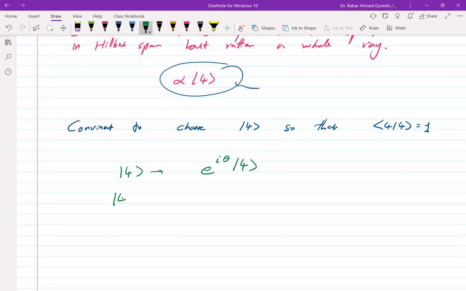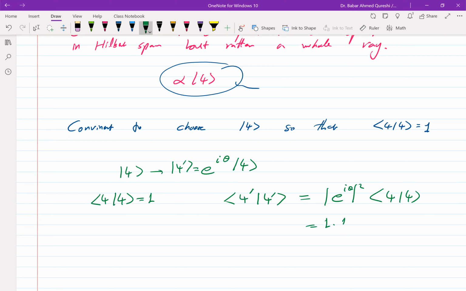Because if psi is 1, then this new guy is still 1.